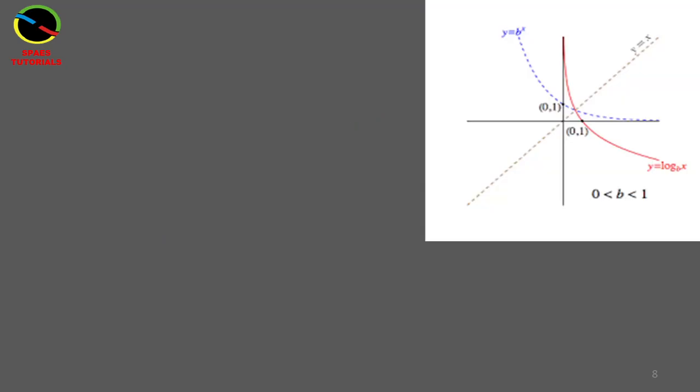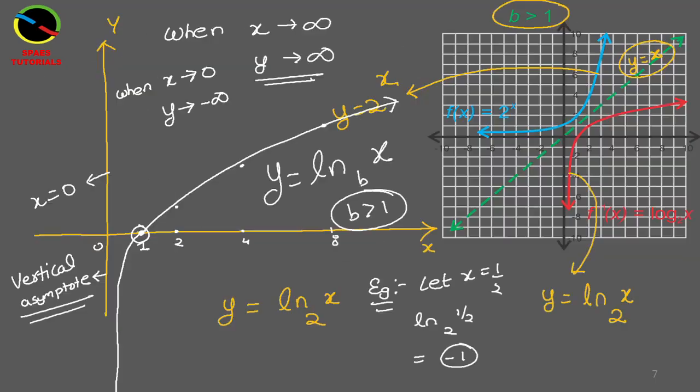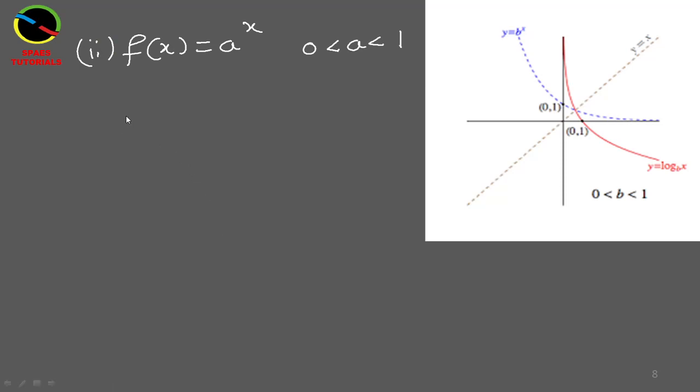Now let's discuss the second case, that is f of x equal to a power x when 0 less than a less than 1. I think I have already drawn the graph for that. See, the graph is already there, f of x equal to half power x. So for example, we'll take f of x equal to half power x.